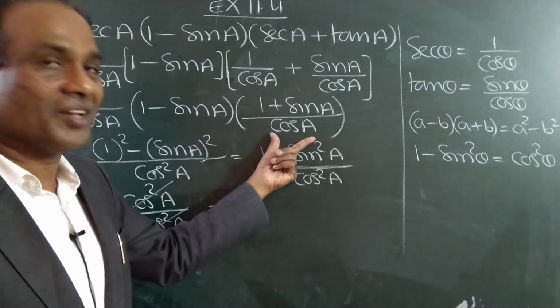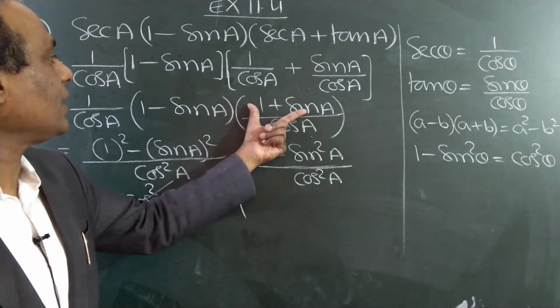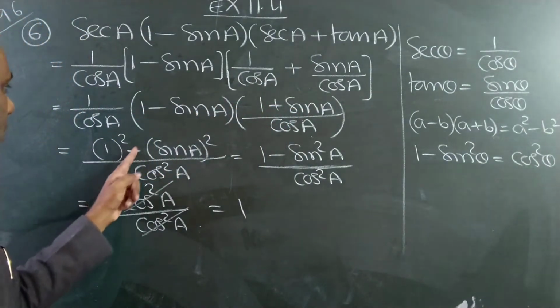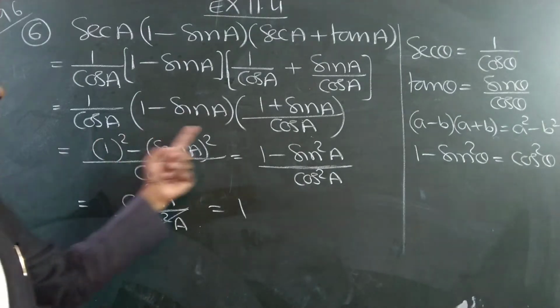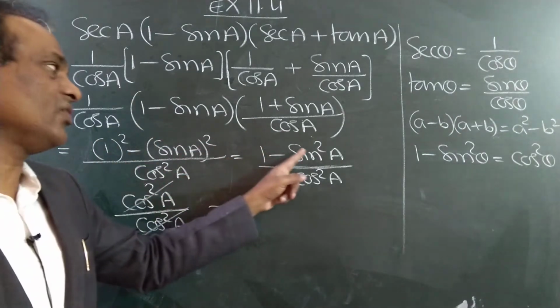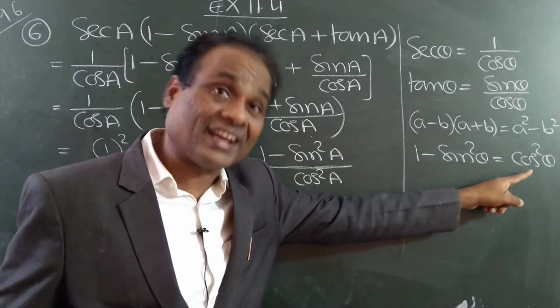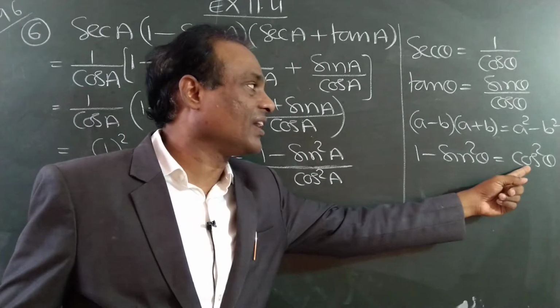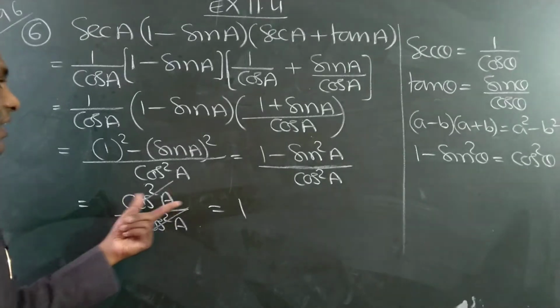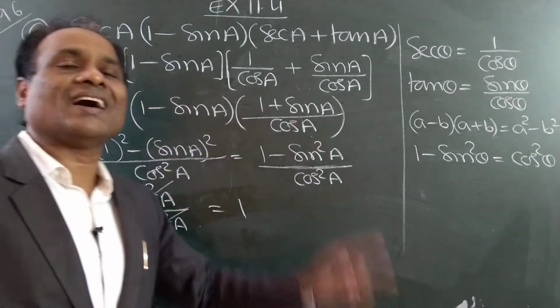Cos A LCM, numerator is 1 plus sine A. A minus B into A plus B is A square minus B square. Cos A into cos A, cos square A. 1 square is 1, minus sine square. 1 minus sine square is cos square, that is our first identity. Cos square by cos square cancel. 1 is the answer.